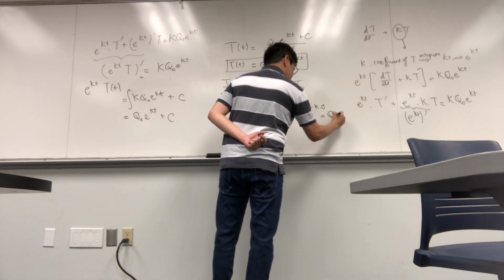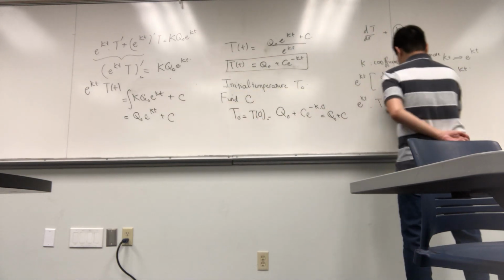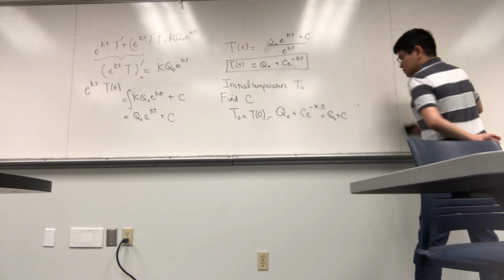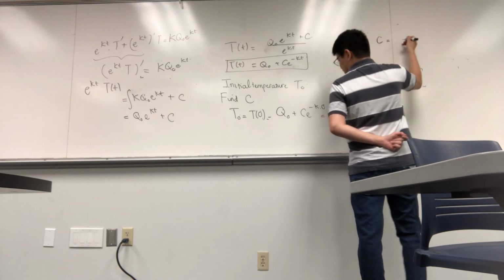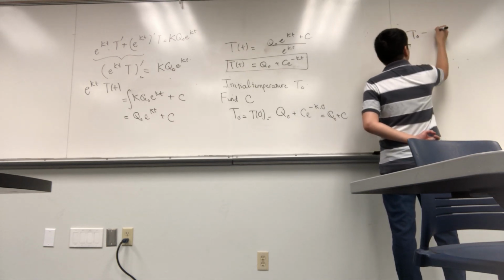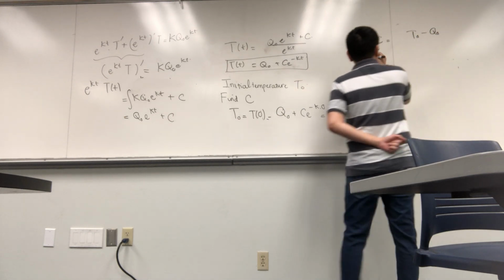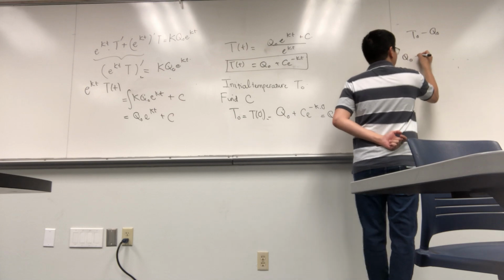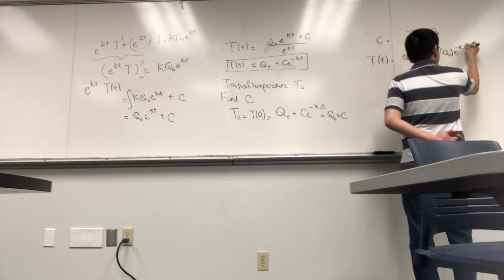And this is q0 plus C. All right, so which means that C is T0 minus q0. You want to replace it here, so you have T is q0 plus T0 minus q0 times e to the power minus kt.